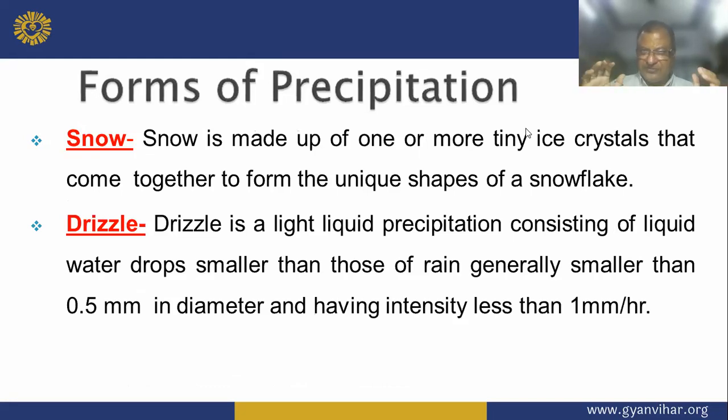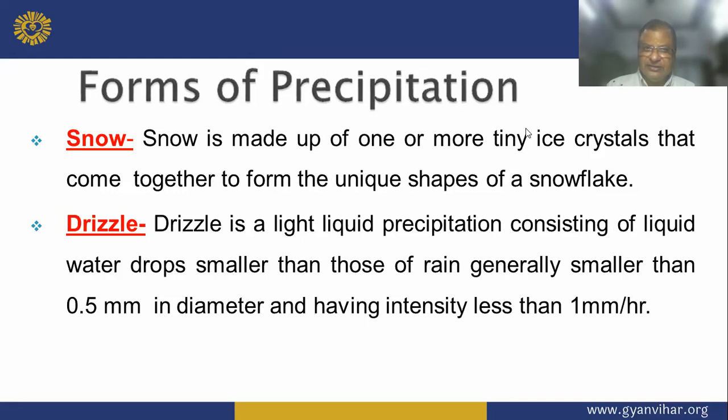Forms of precipitation. Snow: snow is made up of one or more tiny ice crystals that come together to form the unique shape of a snowflake.